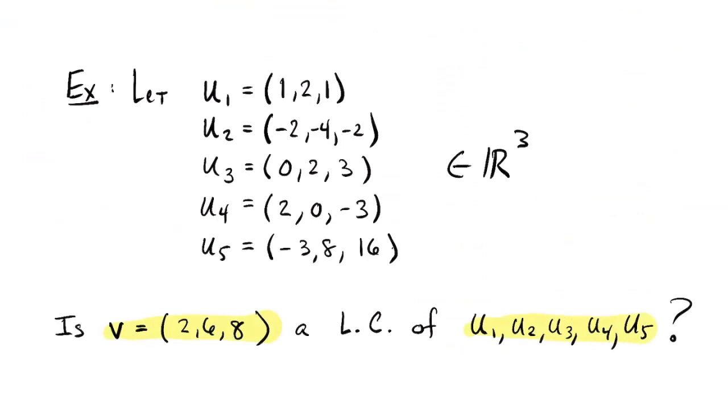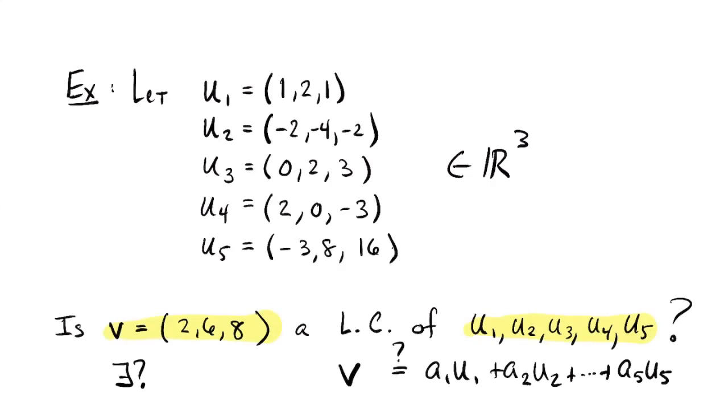It's saying, can you find some scalars a1 through a5 so that when you multiply those scalars by these u's, a1u1 plus dot, dot, dot, plus a5u5, that's equal to v? Do there exist scalars a1 to a5 in the real numbers such that that equation is true? That's the question: is v a linear combination of these things or not?